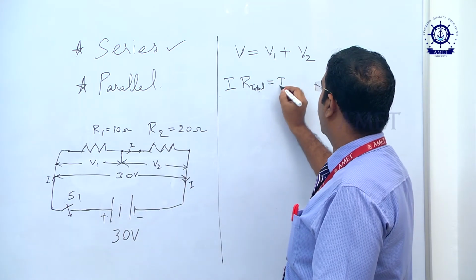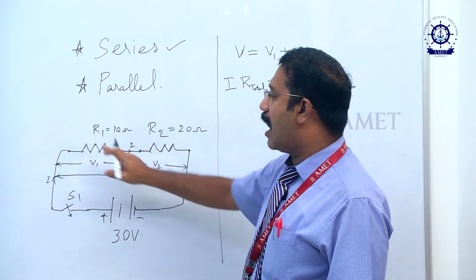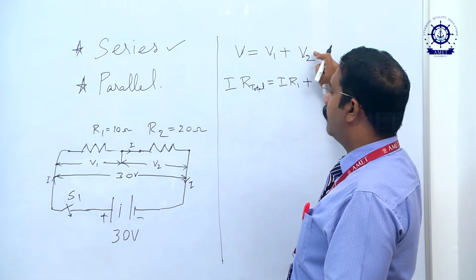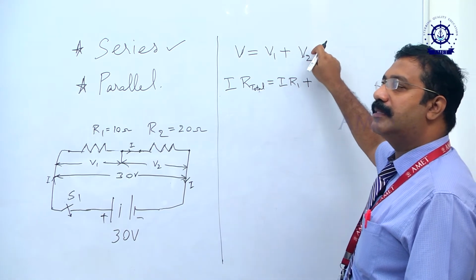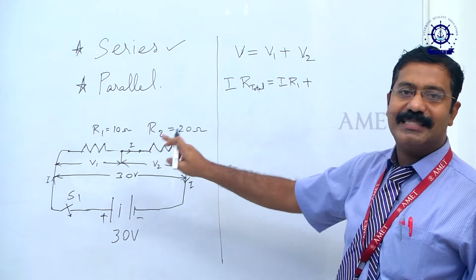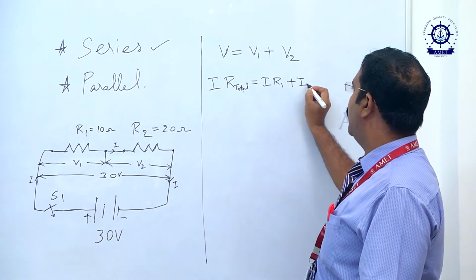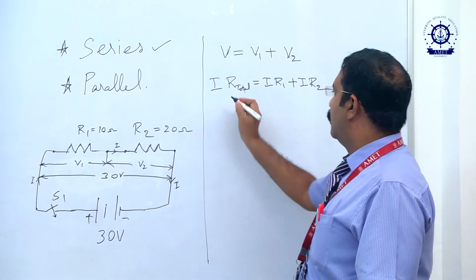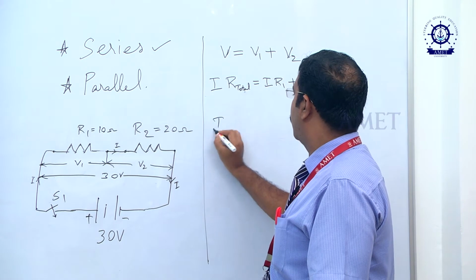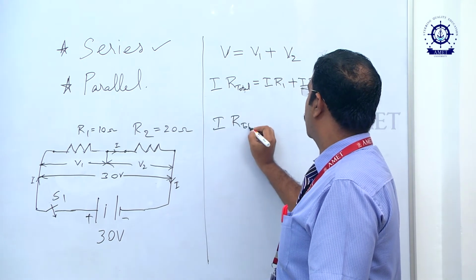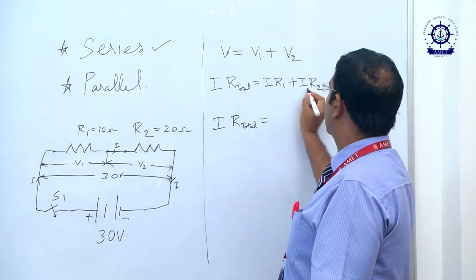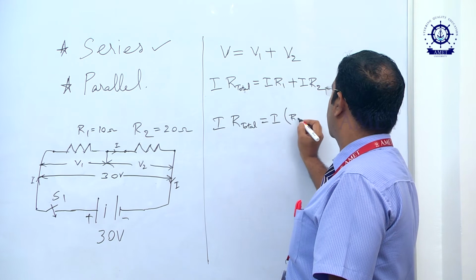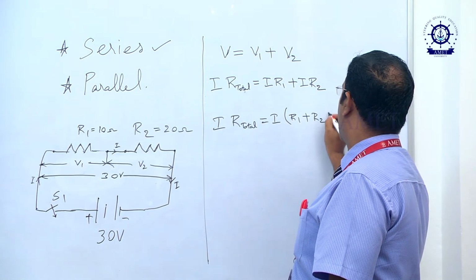Therefore, V1 corresponds to I into R1, and V2 is equal to the current I into R2. I into R total is equal to I into R1 plus I into R2. In both the terms I is common, so I can take it as common: I into R1 plus R2.